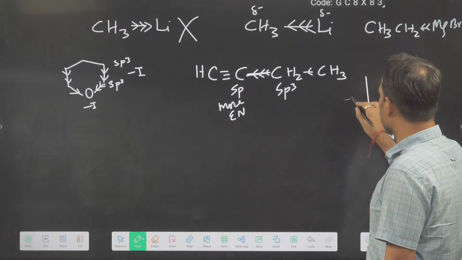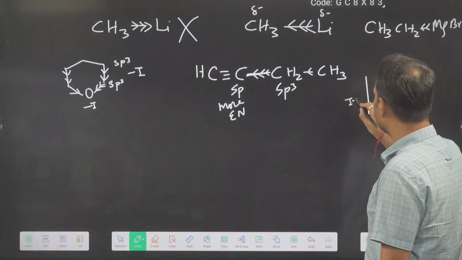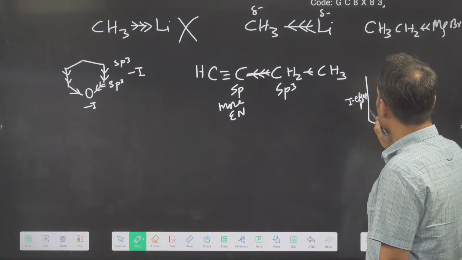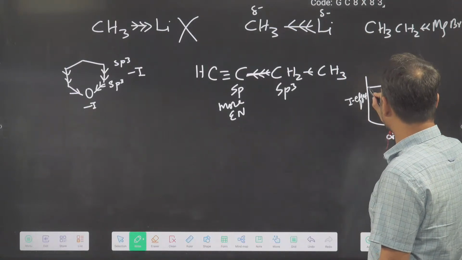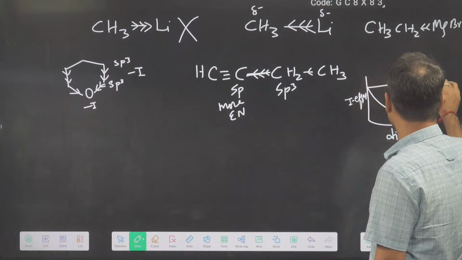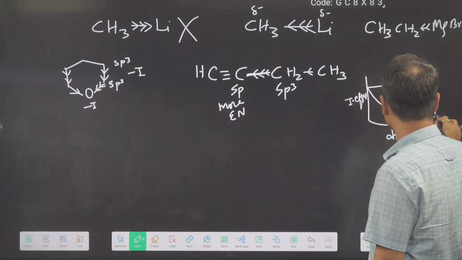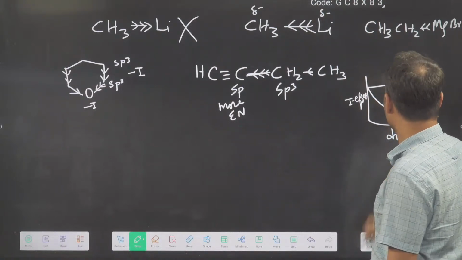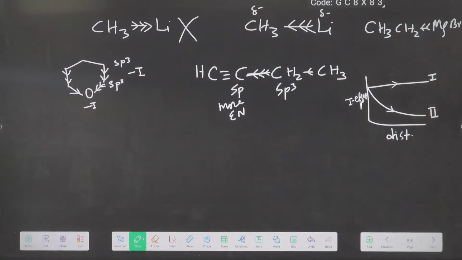This is distance, this is inductive effect, I effect. You tell me which is the correct representation of, suppose this is 1, this is 2. Which is the correct representation of inductive effect with distance?